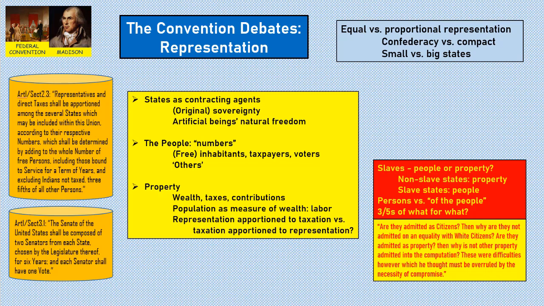A lower house, which has lower voting requirements, including more people, representing the principle of the people are represented, and an upper house, a Senate, with higher voting qualifications and higher property qualifications to be an office holder, is intended to privilege the rights of property. So at the state level, the revolutionary bicameralism expressed these two principles, that people are represented and property is represented.